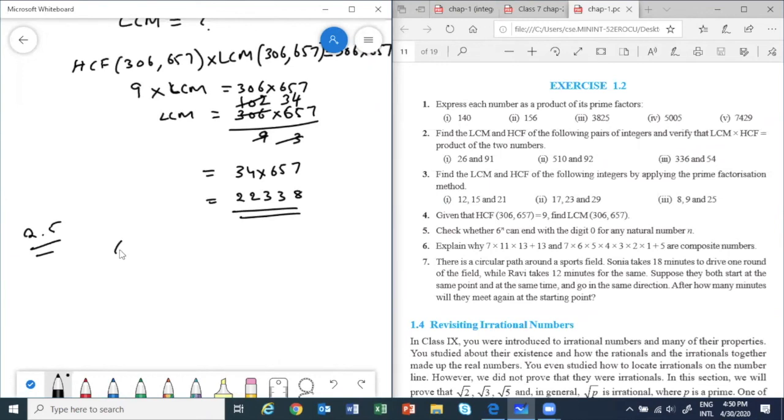What we said, 6 power n can be written as 2 into 3 whole power n, which is written as 2 power n into 3 power n. So now if the number has to end with a 0, it must have 5 as the prime factor. So 6 power n cannot have 5 as a prime factor. We can see from here, it only has 2 to some power, and 3 to some power. Clear? So this actually we did yesterday. I just wanted to revise it.